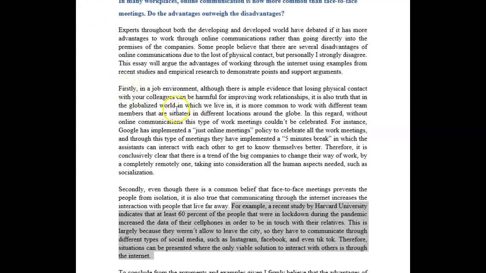let's see. I also reread this paragraph a little bit because I wanted to see if it was on topic. It was. I think what you were trying to tell us here was that, you know, a lot of people say, oh, with online meetings, you can't socialize with your colleagues, but if you have this kind of 5-minute break during an online meeting, then this gives you ample time to do that. And so not only does work get done, but people can also socialize, and that's an advantage of these online meetings.